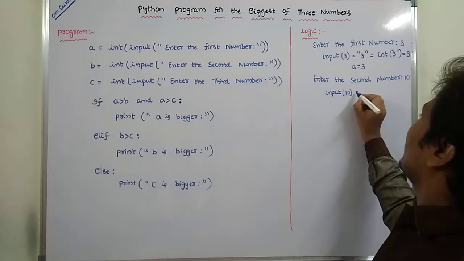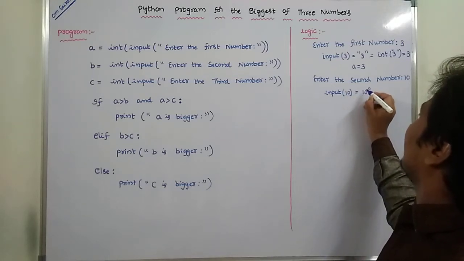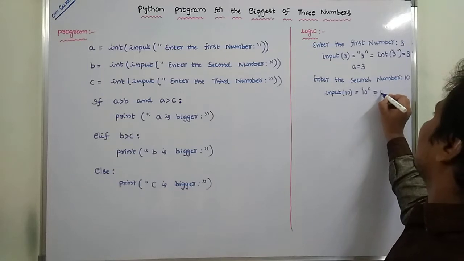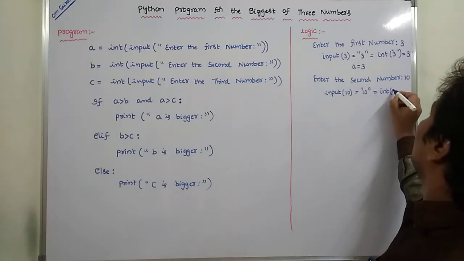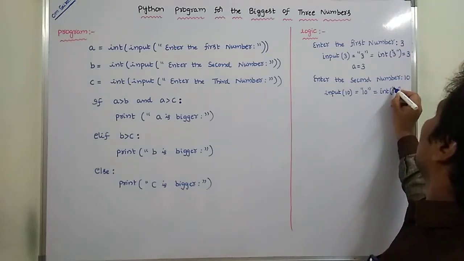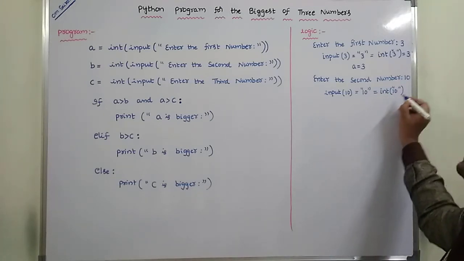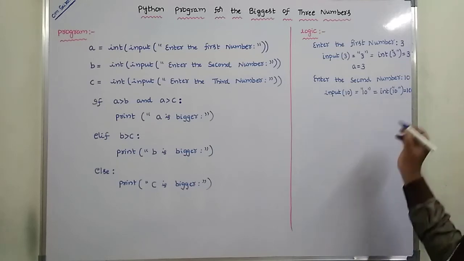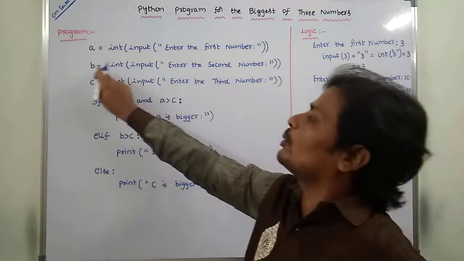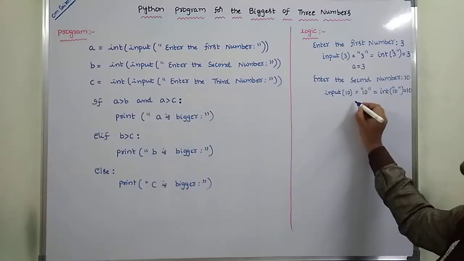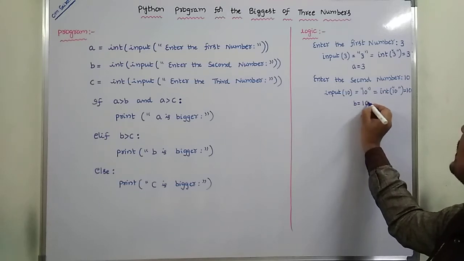The input function returns the string "10". This string is taken by the int function, the typecasting, which returns integer 10. This 10 is assigned to the variable b. So now b is equal to 10.